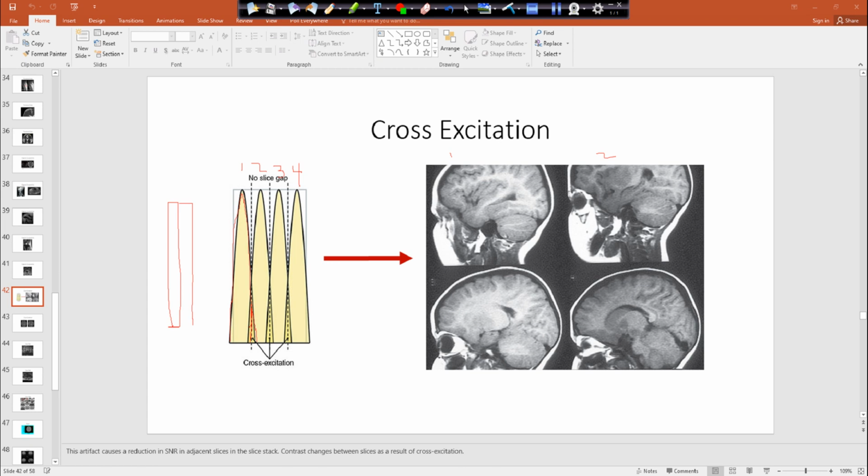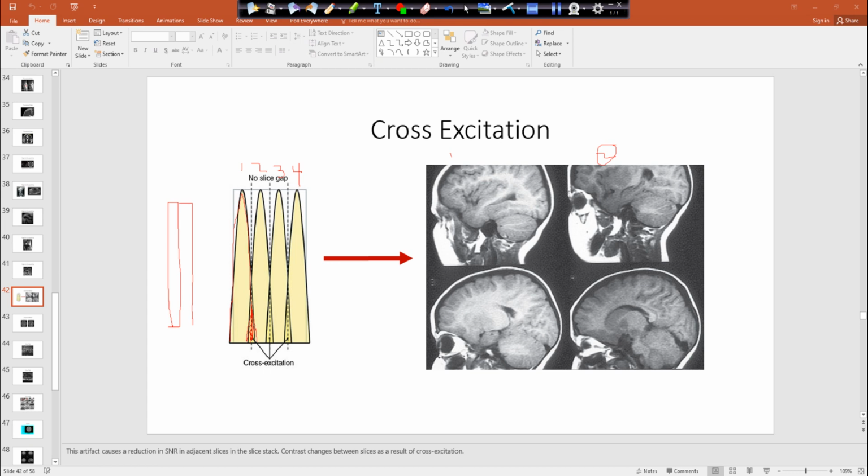So just like with crosstalk, we're almost applying 2 RF pulses to some of the slice. So what happens when we apply 2 90-degree RF pulses to certain spins? Full saturation. So that's why slice 2, right here, looks a little darker. You see that?